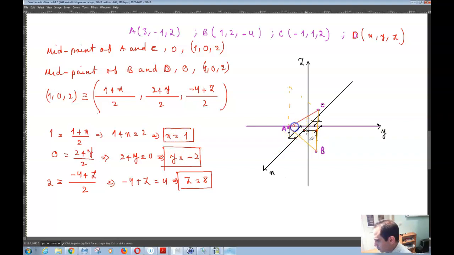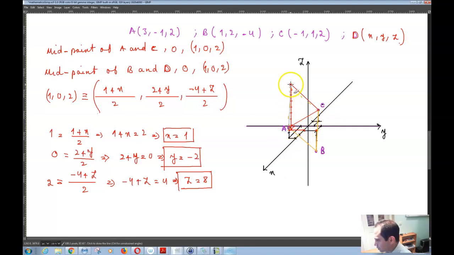-2 would be right over here, somewhere over here, and 8 units up: 1, 2, 3, 4, 5, 6, 7, and 8. This would be the point that we are looking for.